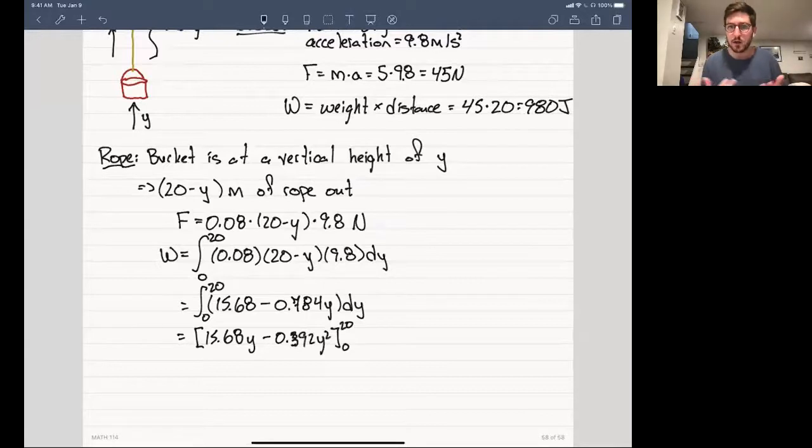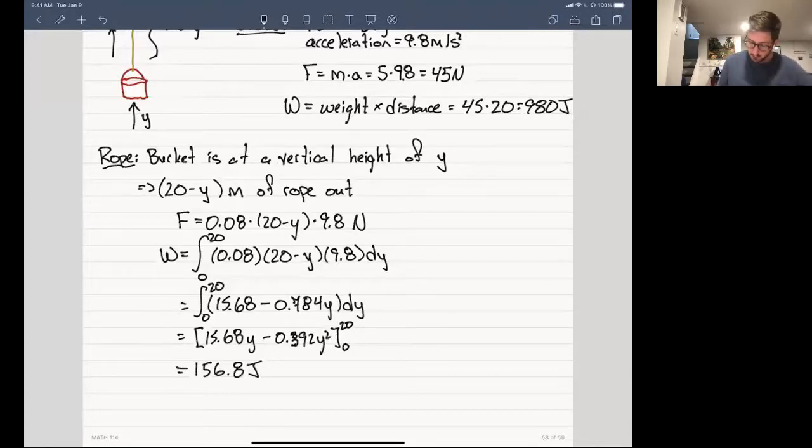In this case, it's just plugging in upper and lower bounds. So this leaves me with a nice 156.8 joules. And so that shows us that the work done to move the bucket was 980 joules, and the work done to move the rope is 156.8 joules.